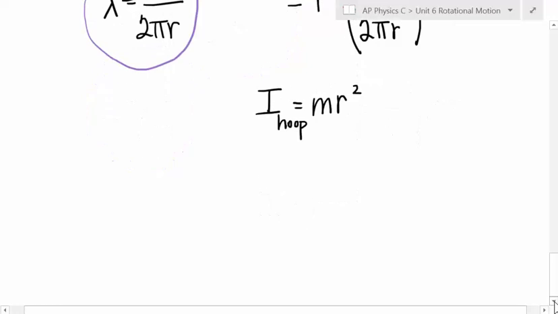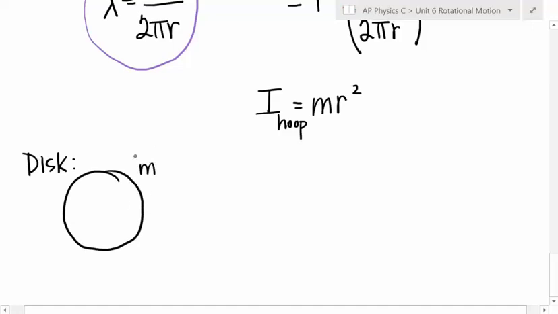So now if we look at a disk, so take the same mass, the moment of inertia of a solid disk. So here's my mass m. And now instead of it being all concentrated on the edge of the hoop, it's smeared throughout. So we've made a thin pancake of mass.